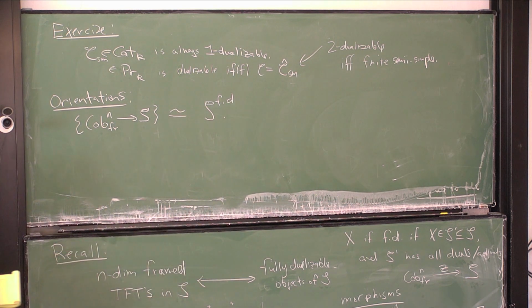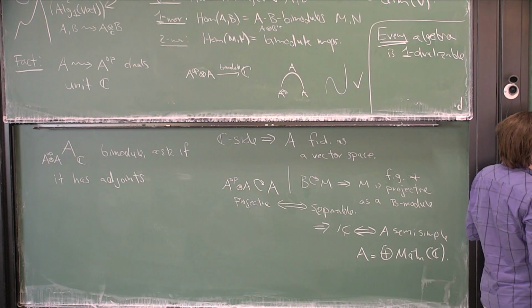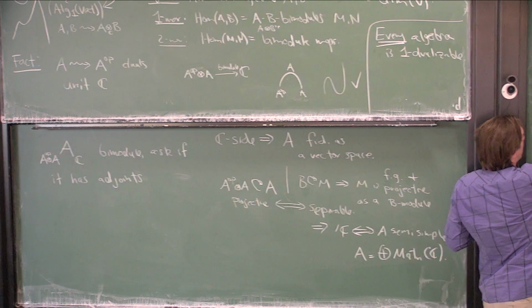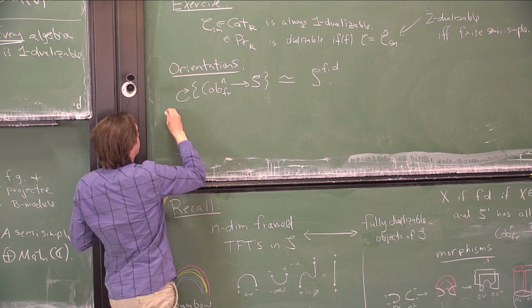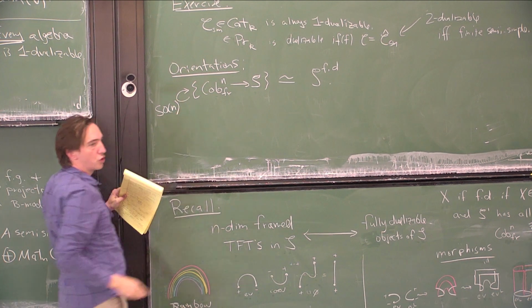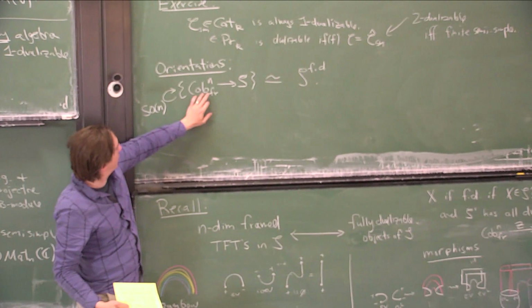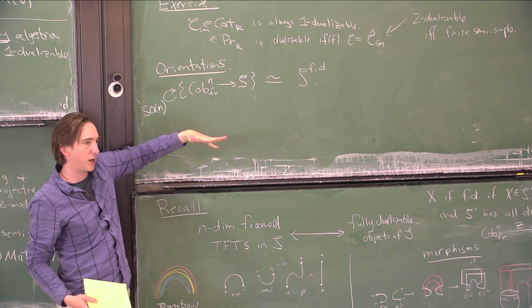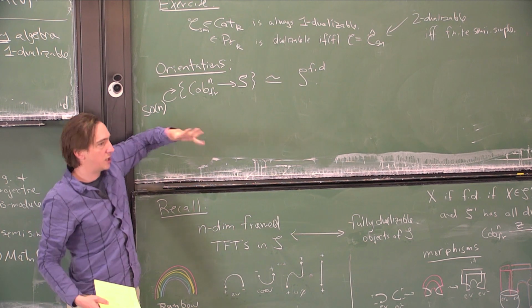Now here's a very beautiful observation, which I think was Jacob's. I don't know if it was in Baez-Dolan. This category has an action of the group SO(n). Remember that a framed cobordism means that the tangent bundle has been trivialized everywhere, and you can always just change it globally.